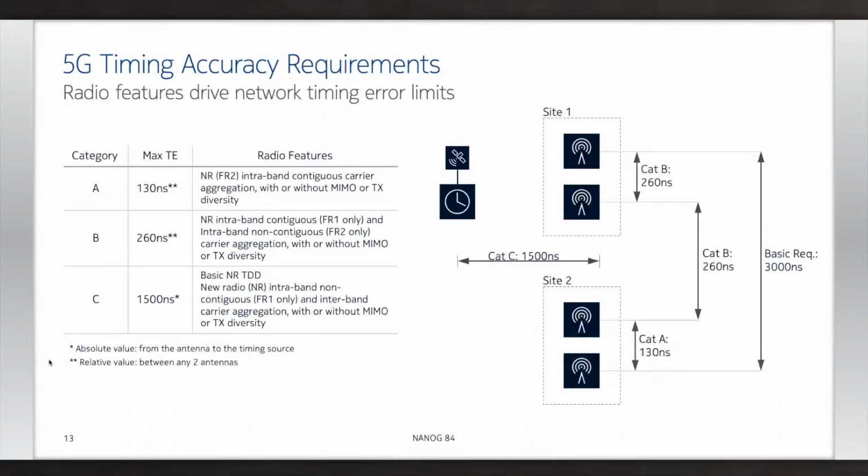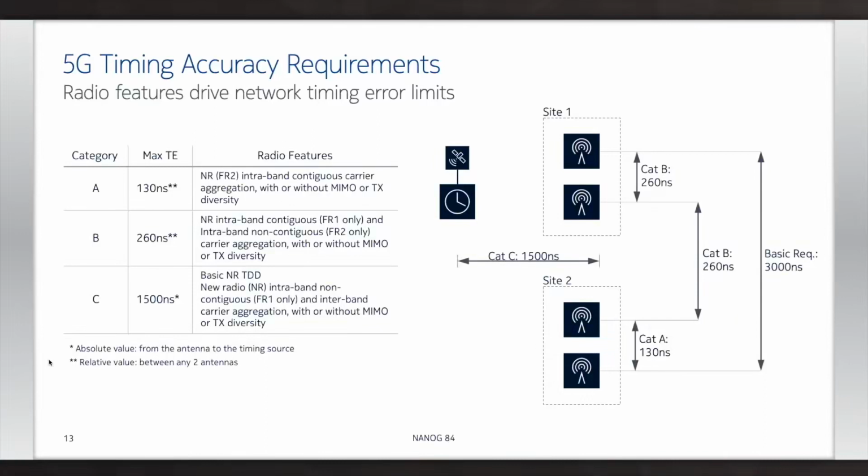The 1,500 nanoseconds comes from the fact that if you have 3,000 between any two radios, between the antenna of radio 1 and the time reference, you're going to need 1,500. So you can have 1,500 from reference to radio 1 and 1,500 from reference to radio 2. That's where the 1,500 nanoseconds number comes from. So that is category C.